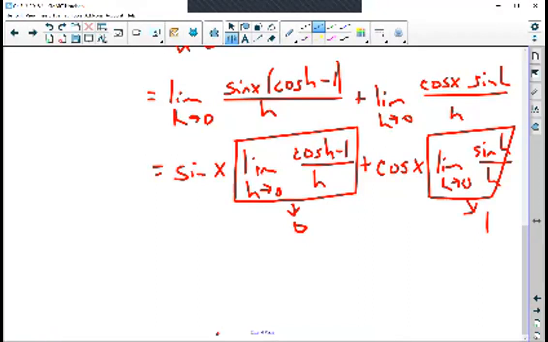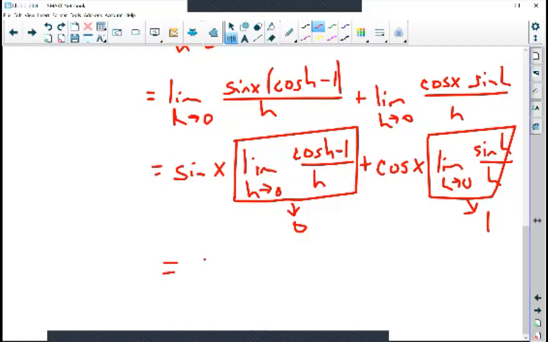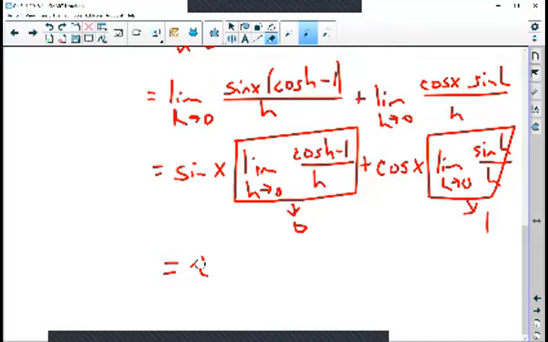We're going to have cosine times 1, which is just cosine. So there's the derivative.